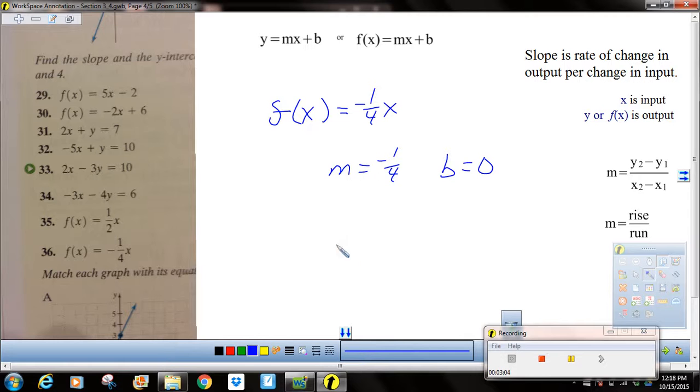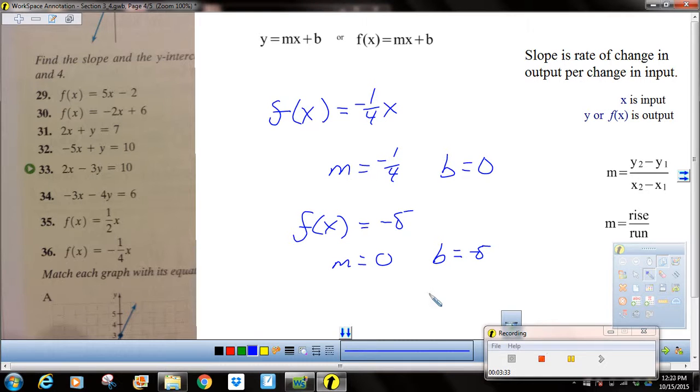That one was pretty easy. Sometimes you'll run into one that looks like this right here. And you just recognize that since you don't see an x term, the slope would have been 0, and the y-intercept would have been negative 5. So if you see one of the terms missing, just realize its coefficient was 0, or in this case, the constant was 0.